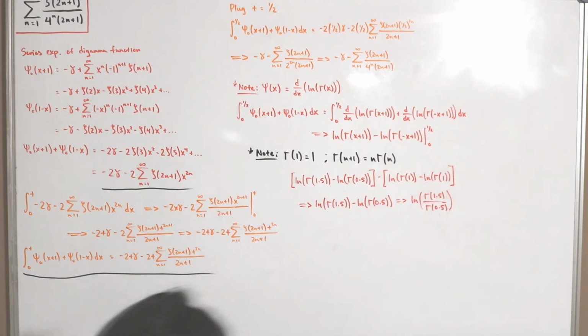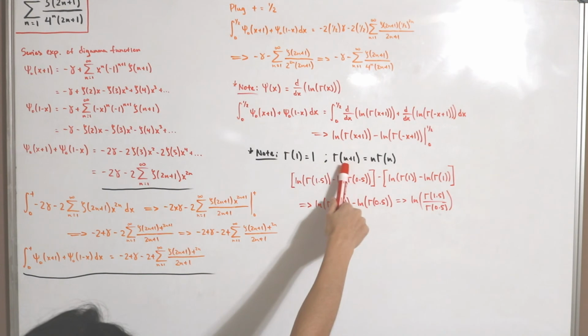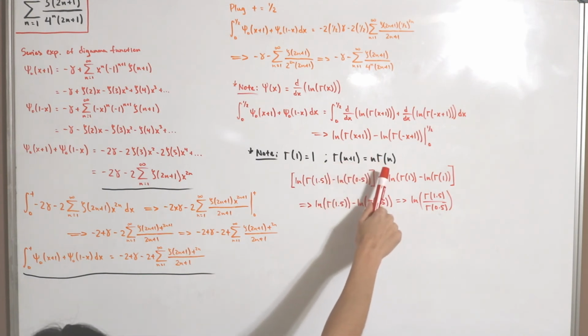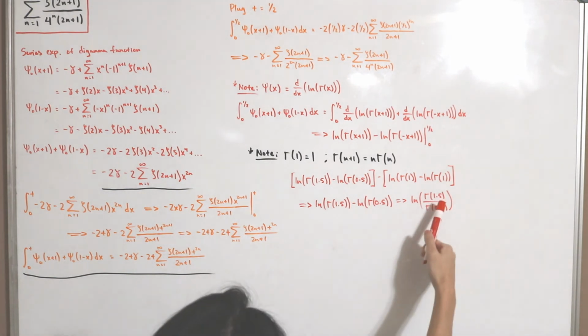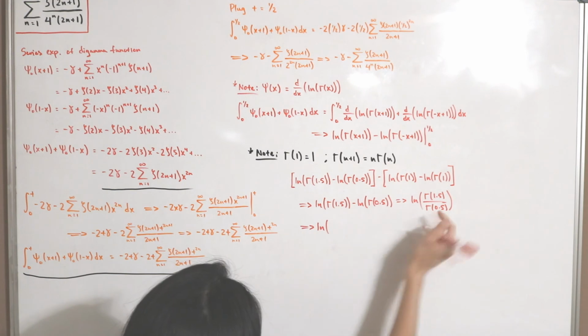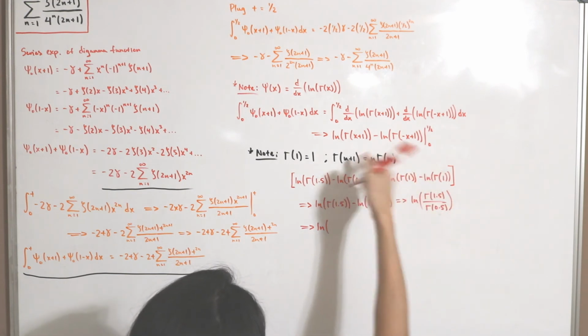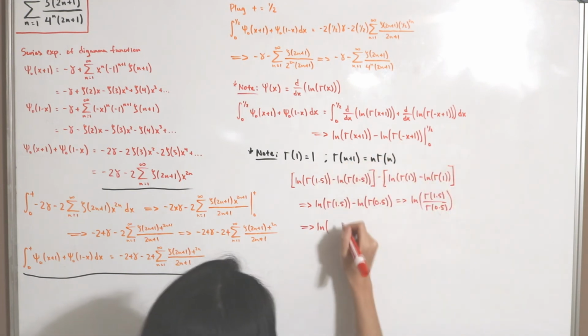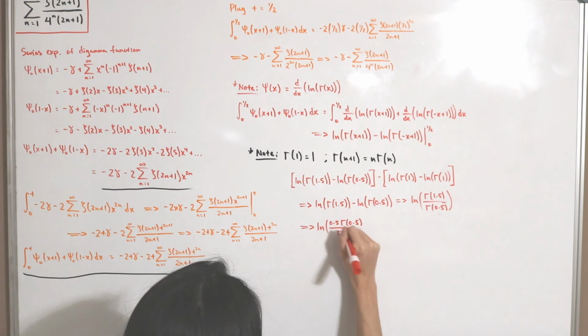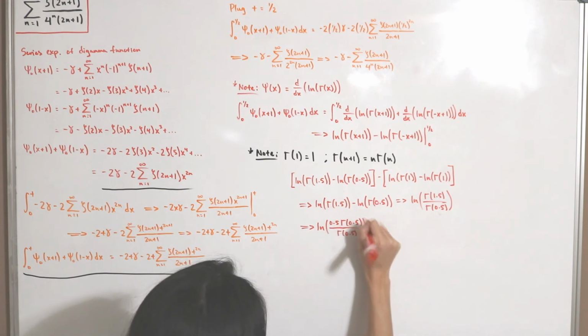Then we use our fact that gamma of n plus 1 equals n times gamma of n to rewrite the numerator inside the natural log. So 1.5 minus 1 gives n equal to 0.5, so we get 0.5 multiplied by gamma of 0.5, divided by gamma of 0.5.